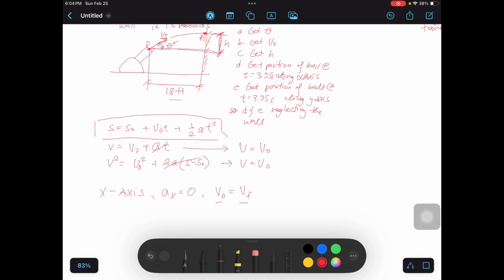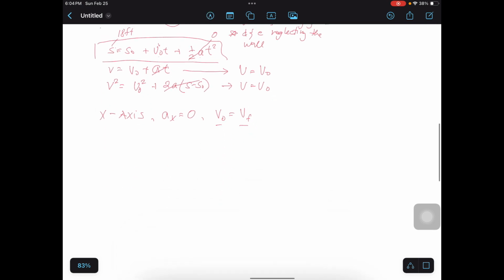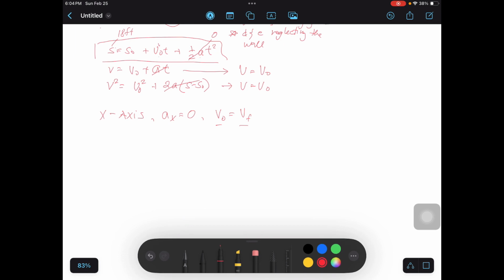T is 1.5. Acceleration is 0. And so, pwedeng wala na tong term na to. And then, S, if you look at the problem, ito yung value ng S. It's 80 feet. So, for this equation along X, ito lang magiging variable natin. Ibig sabihin, using that equation, makukuha na natin si VOX.